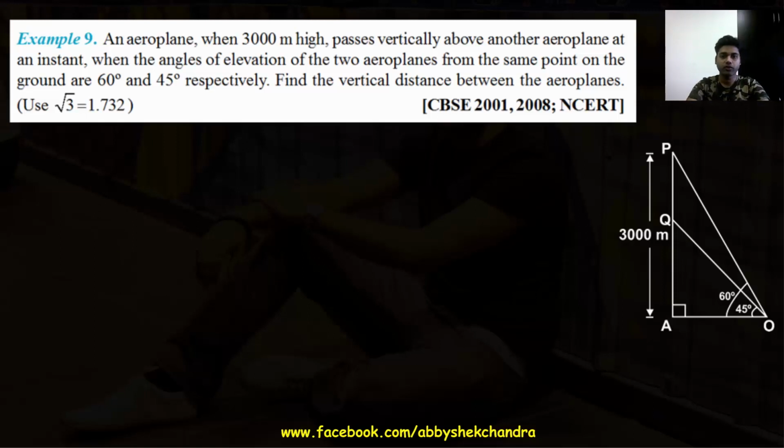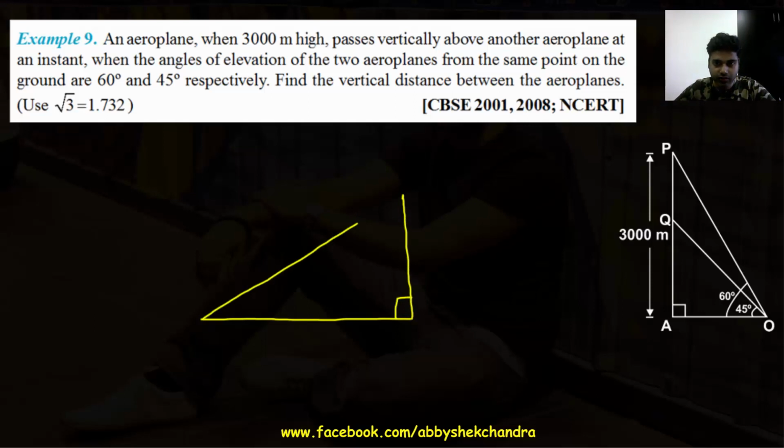Now before we get into solving this question, let me tell you something very important. Listen very carefully. In any question in heights and distances, if you have something like this: this is the ground level, this is the tower or a building, and the angle of elevation at 2 points of the top of the building are, let's say, alpha and beta.